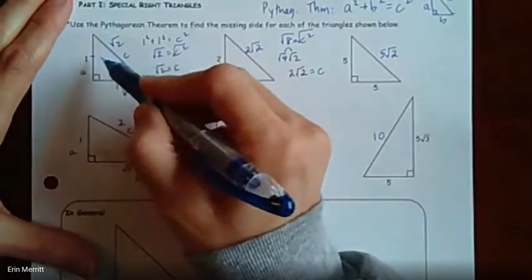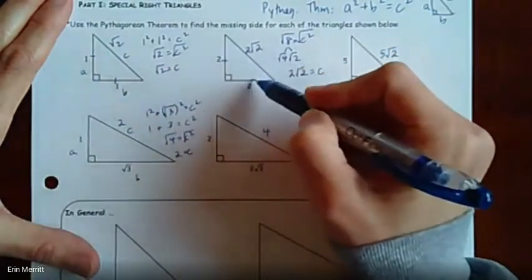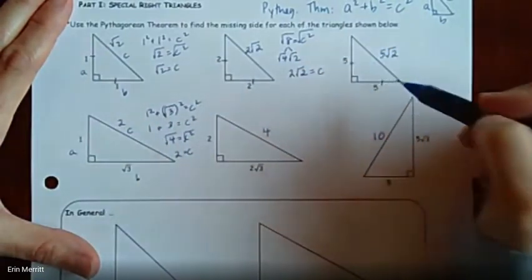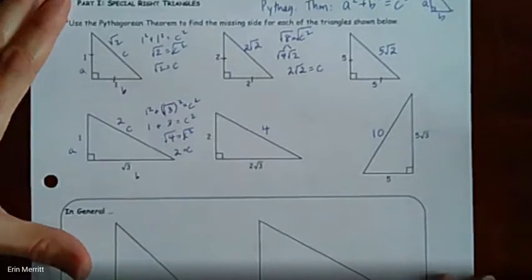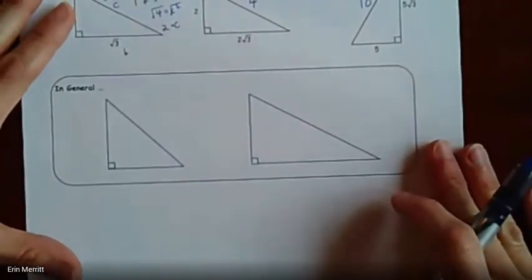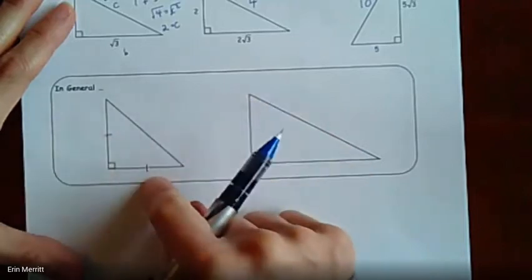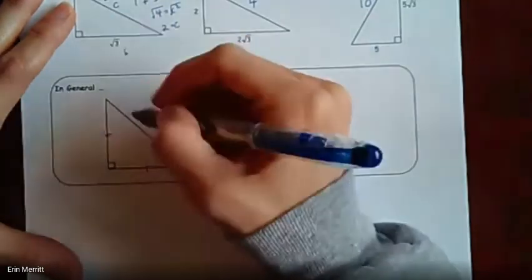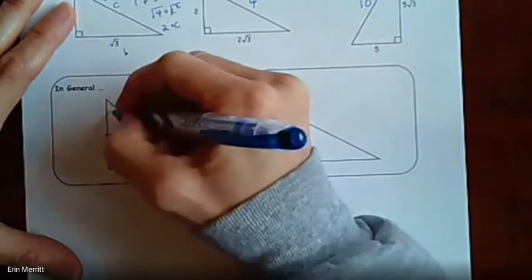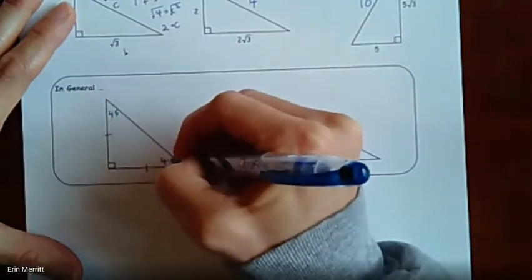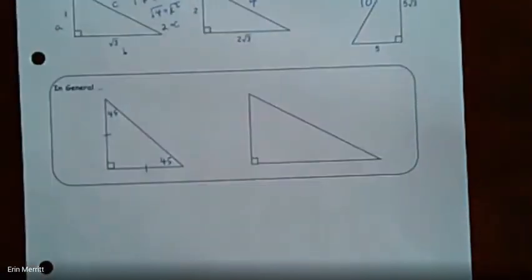The fact that the 2 sides are always the same means we've got an isosceles right triangle. So down in the general box here, because it's isosceles, that means those 2 sides are the same and also the base angles. So for those base angles to be the same, it has to be 45 and 45.